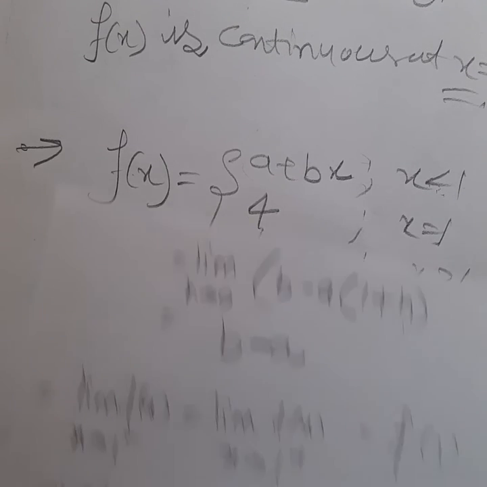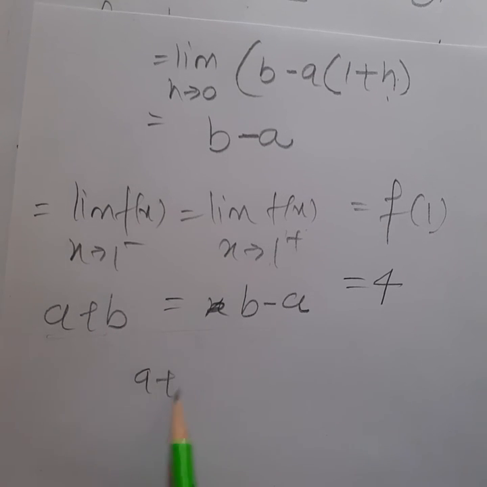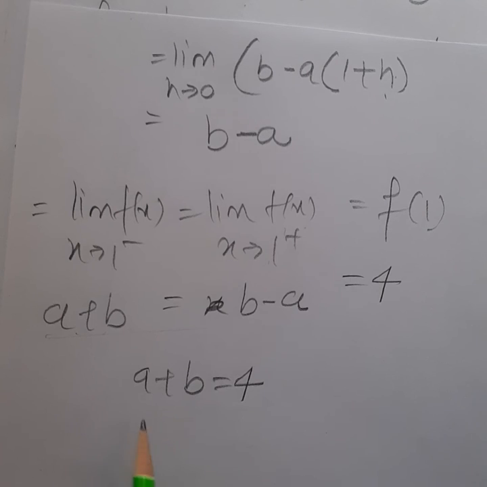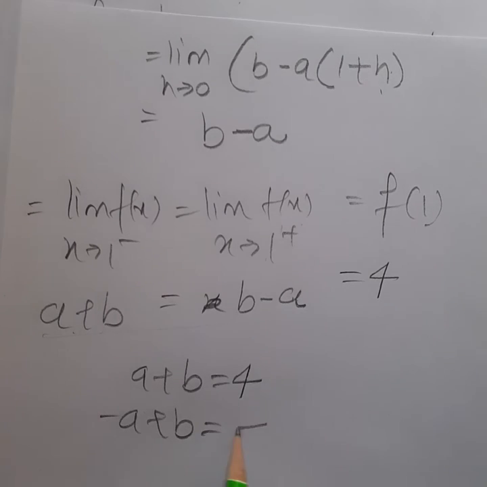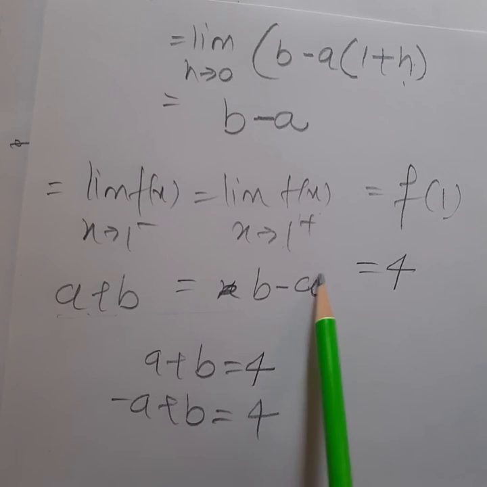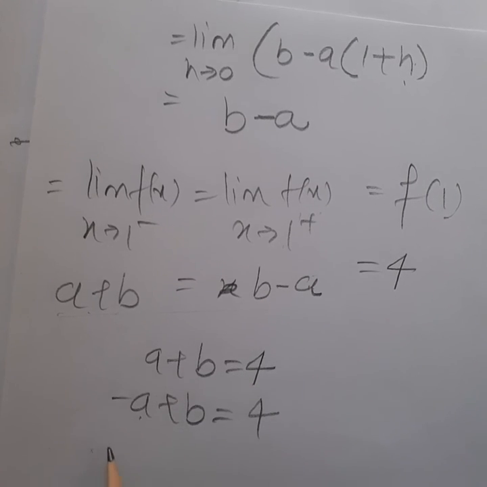Now we have this type of condition, and we can write it in this form. When we compare the first and last, we get a plus b is equal to 4, and we can write the second equation like this, with minus a at the first place and b at the second place.